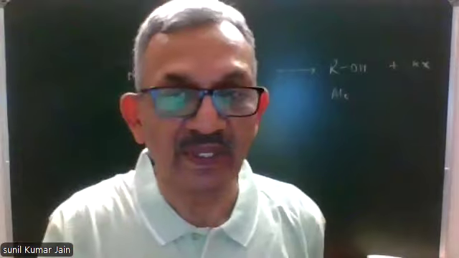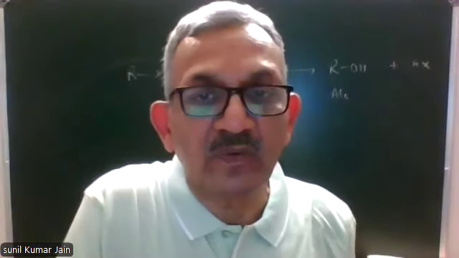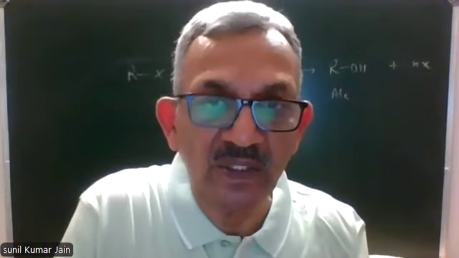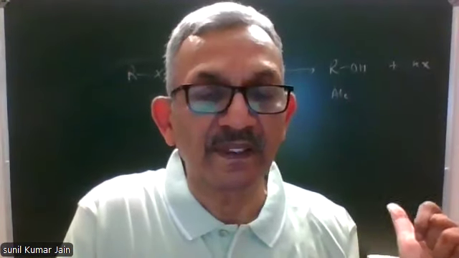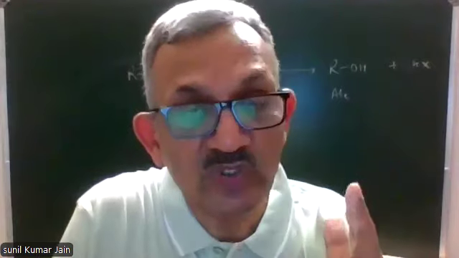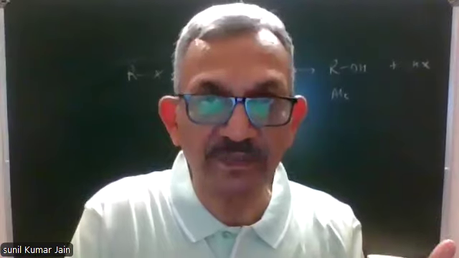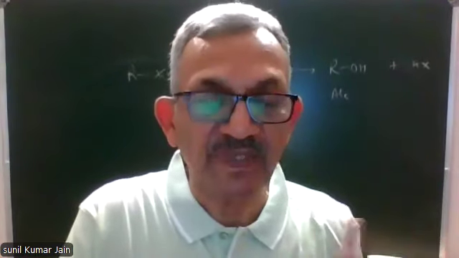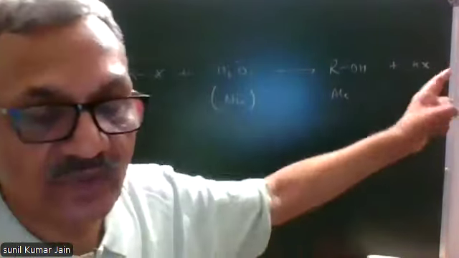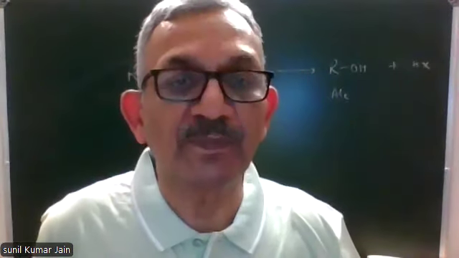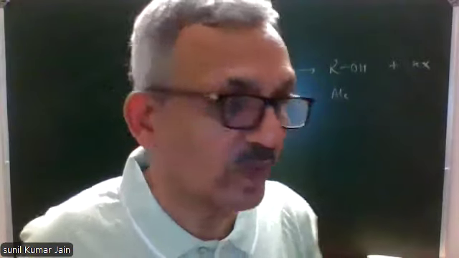that is alcohol. But if you want to prepare alcohol from an alkyl halide, should we use reaction number 1 or reaction number 3? See, we'll use that reaction which is faster of the two. It should be controllable, no doubt, but should be faster. Out of reaction number 1 and 3, reaction 1 is faster compared to reaction 3. Why?